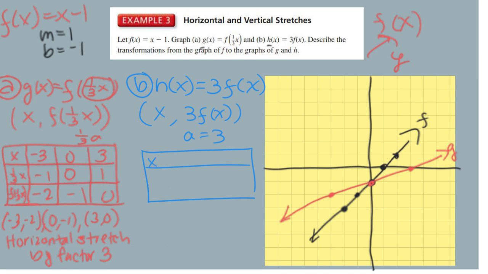We have x, f of x, this is the original, and then finally, 3 times f of x. What numbers am I going to use? You could use the same numbers or different ones.